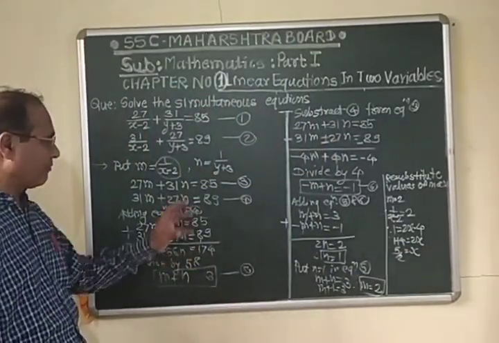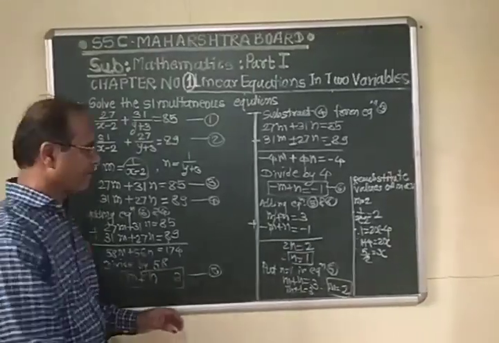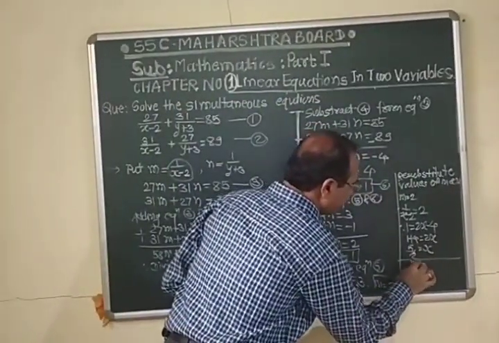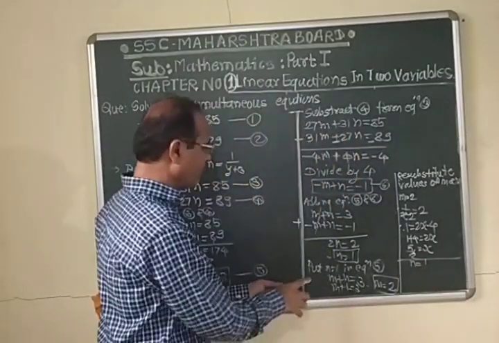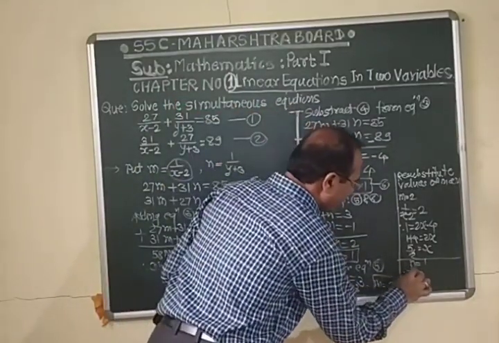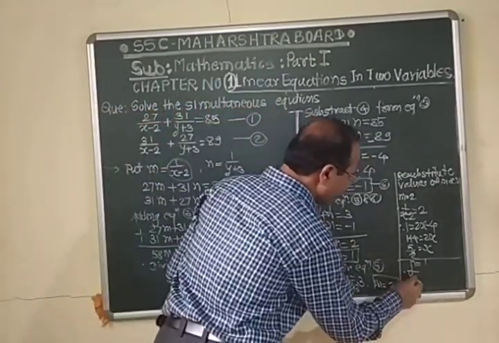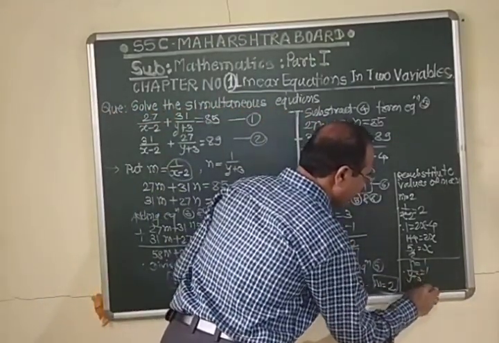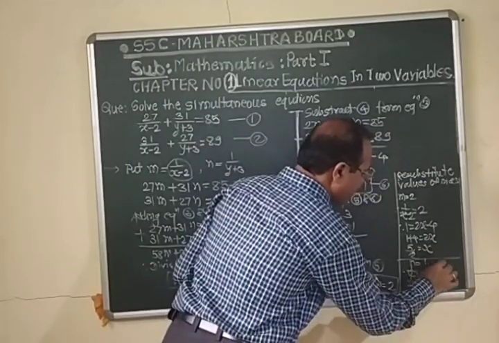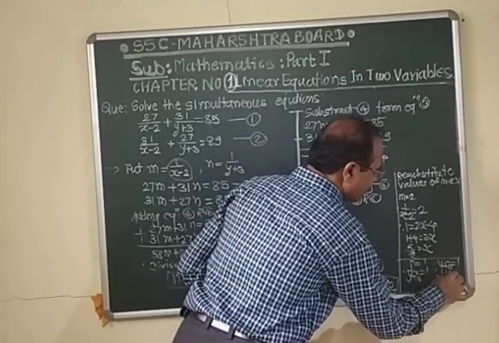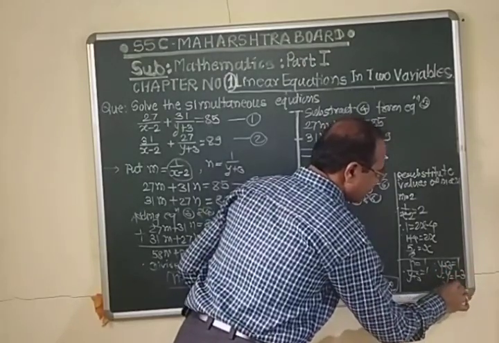Lastly, we are going to find out what y is. You know that n is equal to 1 upon y plus 3, and n is equal to 1. Therefore, y plus 3 equals 1, so y is equal to 1 minus 3, that is minus 2.